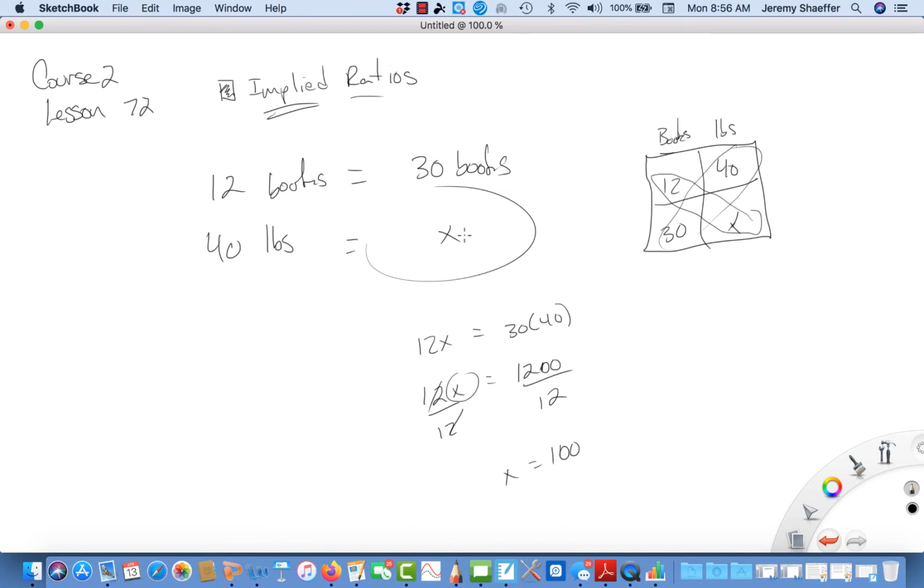So we do know that we can get 100 pounds here. So 30 to 100 is equal to 12 to 40. All right, this is an implied ratio. We're going to see these throughout the entire section and lesson.